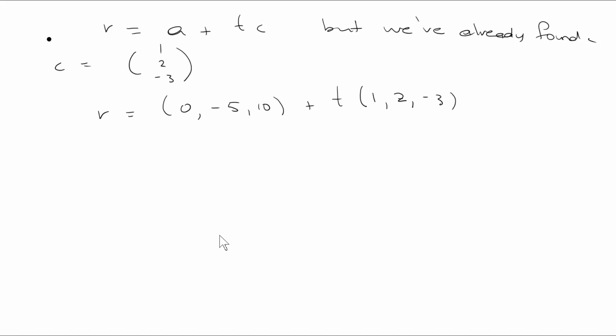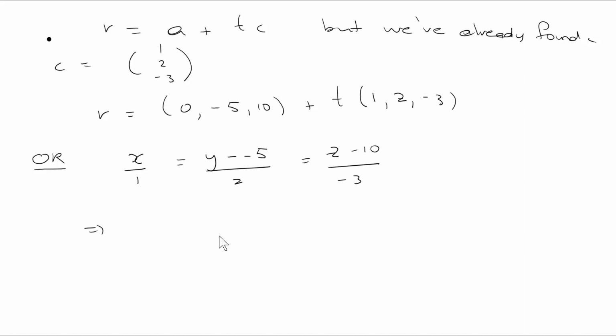Now we could leave it like that, or we could put it into the Cartesian form, and the Cartesian form will say x minus 0 over 1, equals y minus 5 over 2, which is equal to z minus 10 over -3.